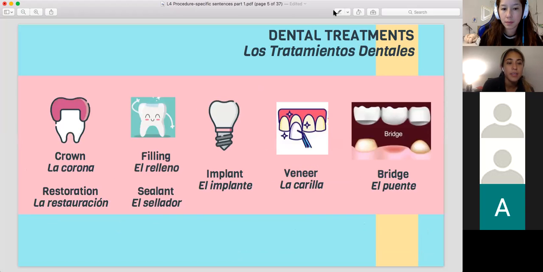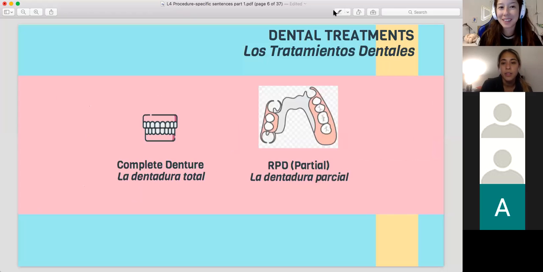Let's see, next slide, we have complete denture or la dentadura total, or you could also say la dentadura completa. I think also placas are dentures, right? Placas are, I think, like slang, not slang, but like a common term. And then parciales are also a common term for partials.